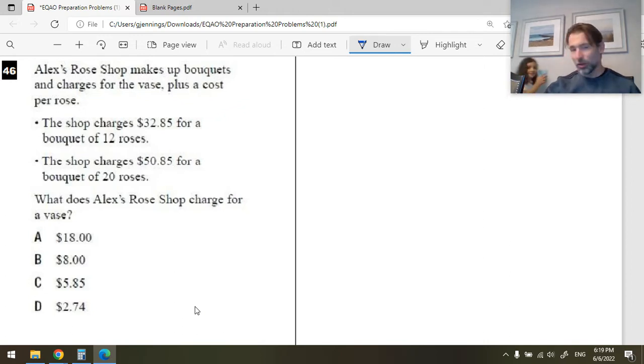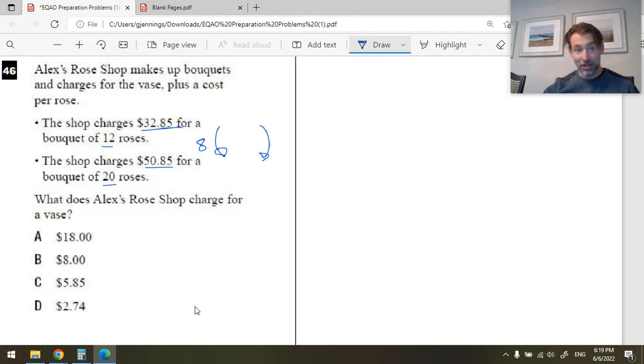Well, here's what we need to do. We could just find the equation of this line, and the b value would be the amount that they charge for a vase. So here I noticed that this went up by 8 roses, went from 12 to 20, and the other side went up by this and that, so that grew by $18.